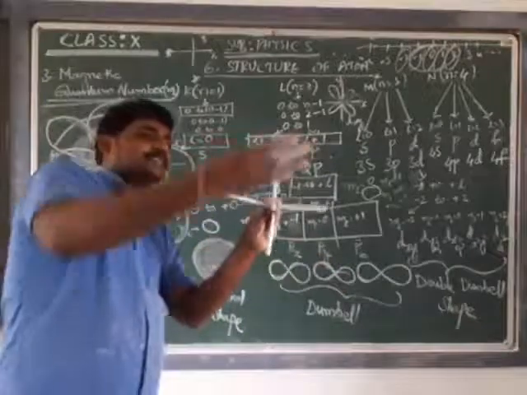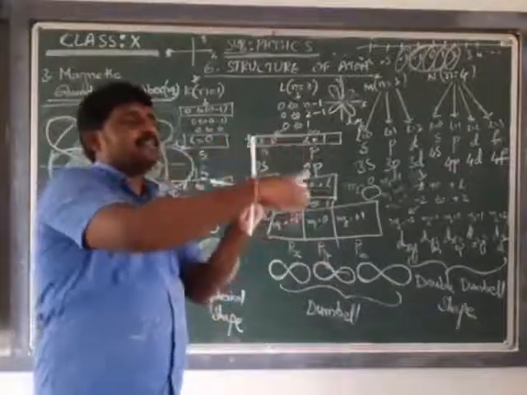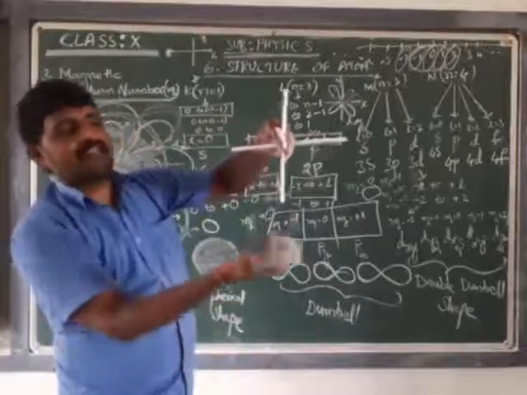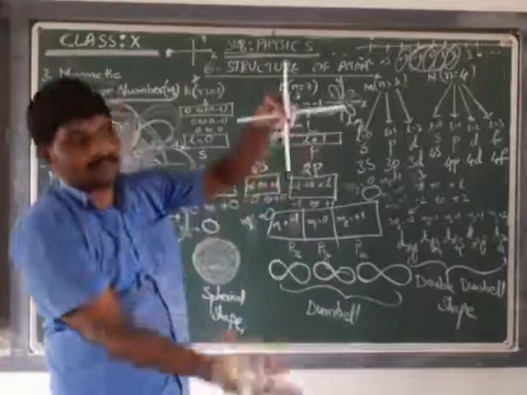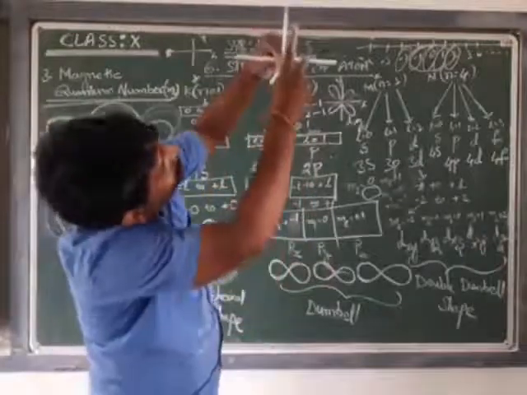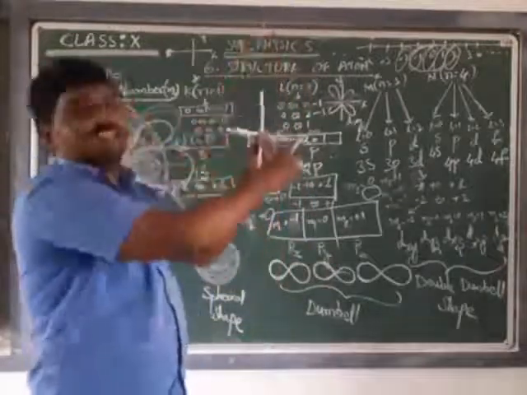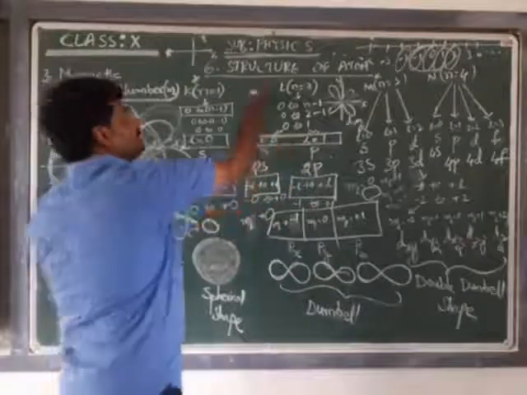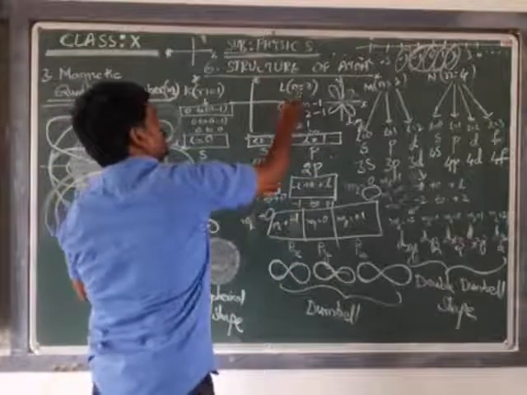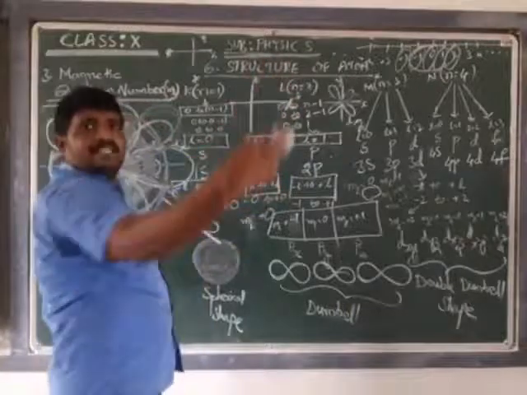Viewing is different, that's it. I want to draw z on the board, so I am seeing from down. Suppose this will become z and this will be x now, and y is invisible.